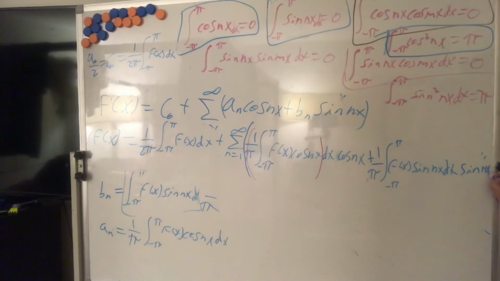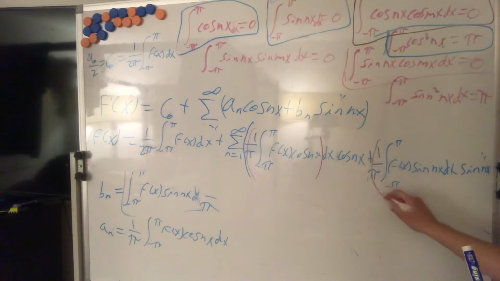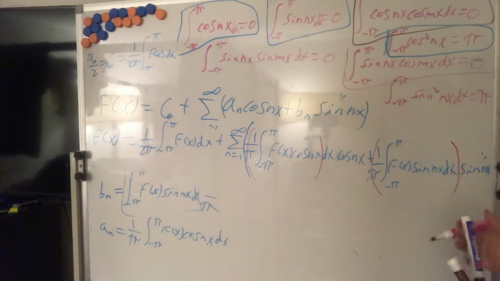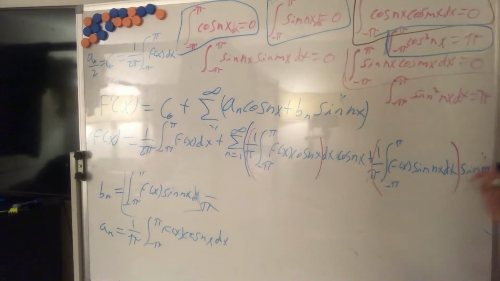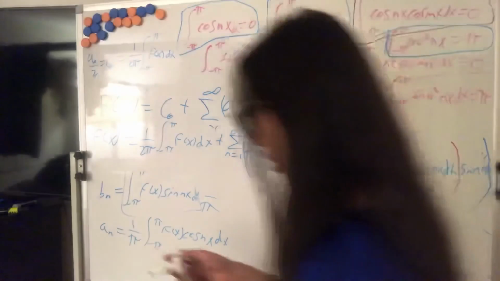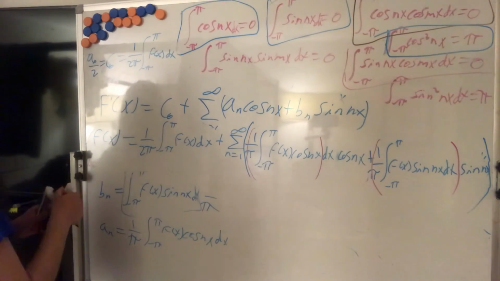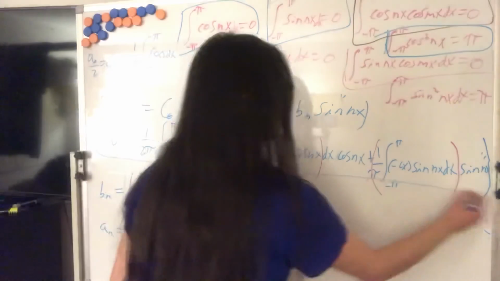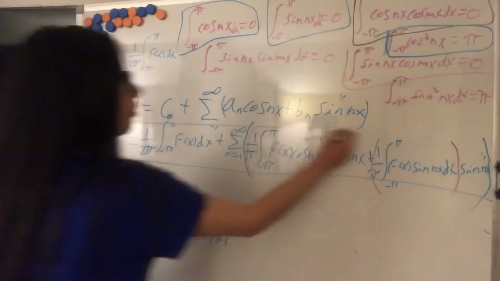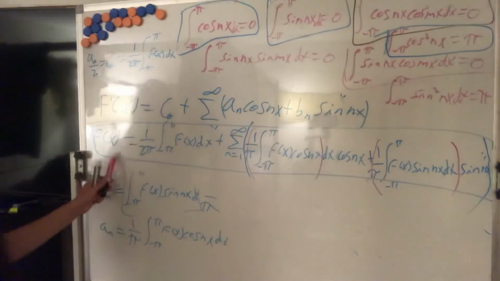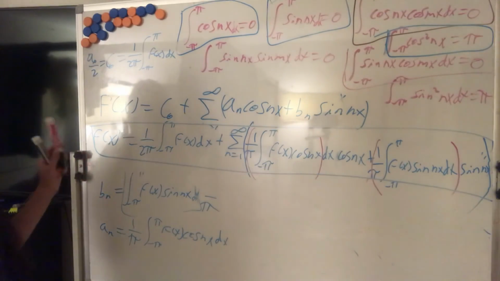Sine nx is outside of the integral. So I put some parentheses here, and I close all these parentheses that go for the summation. So this is the Fourier series, or the Fourier expansion of the function f of x when we have a period of 2 pi.